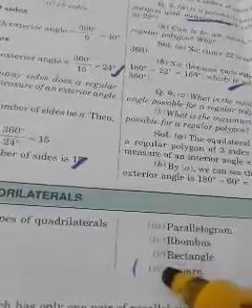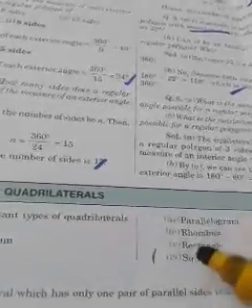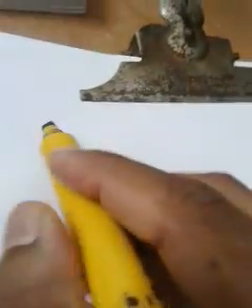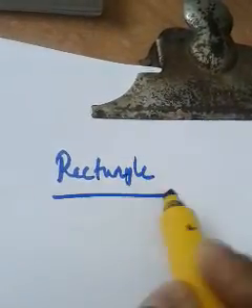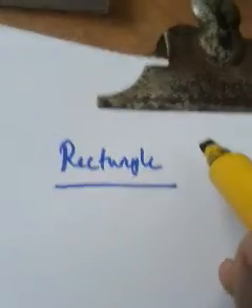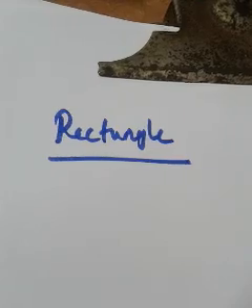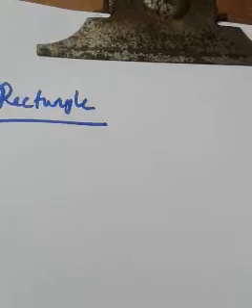So write all these six, and just below that write a side heading, rectangle. We have to learn all these six quadrilaterals well in depth. So let us start with the rectangle.